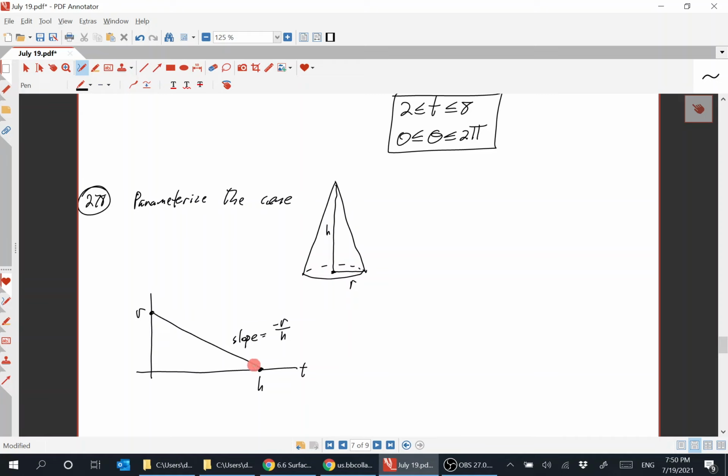So the linear function here is f of t equals minus r over h t plus the y-intercept, which is r. Well, the vertical intercept is r. Right, so rotate this around the t-axis to get the cone.